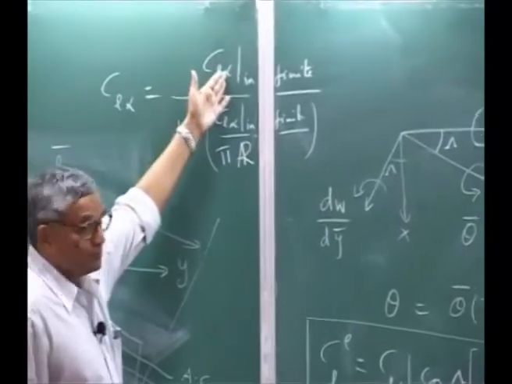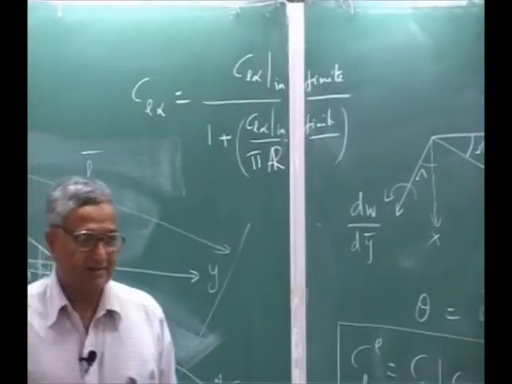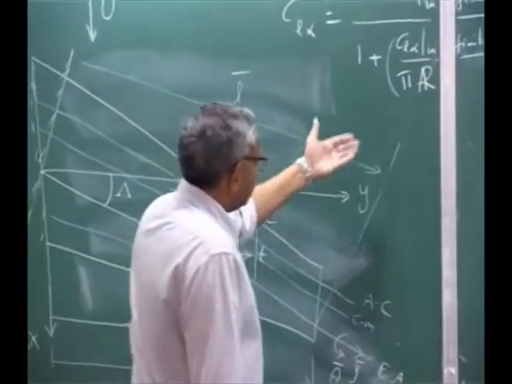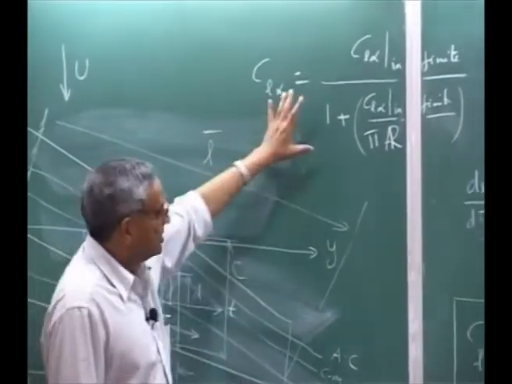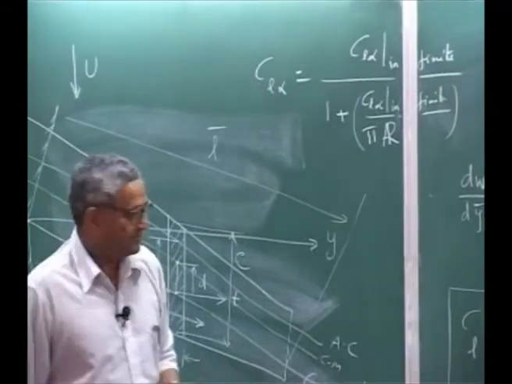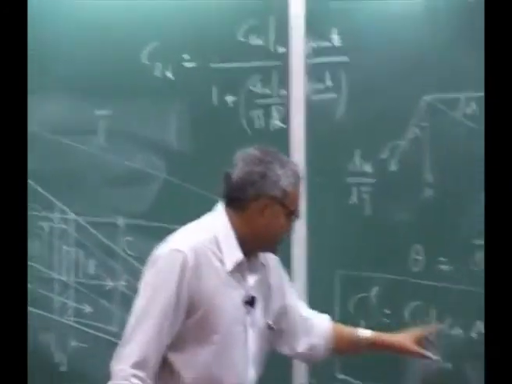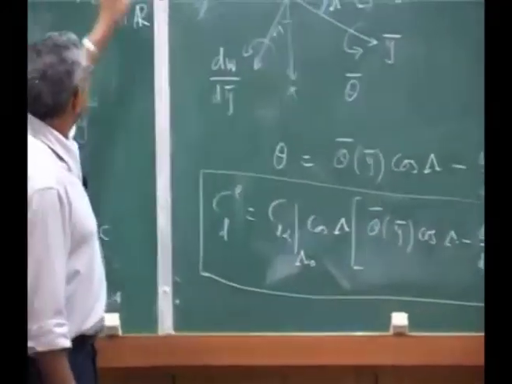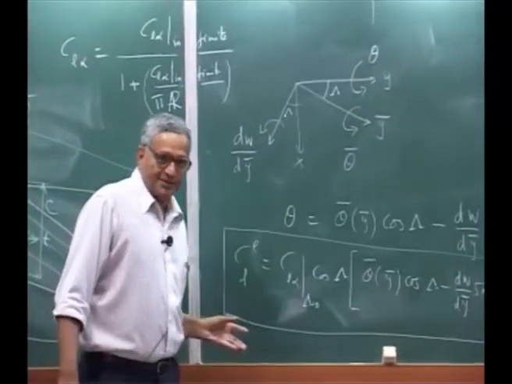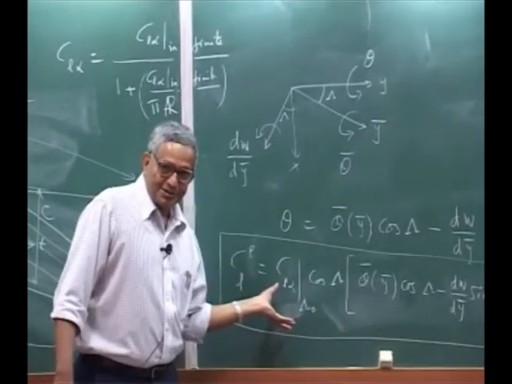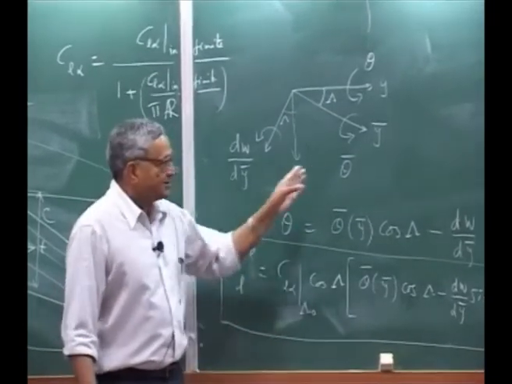It will be 2 pi, or sometimes you can take the 5.73 also. So this is only changing your correction. Wherever this comes, you replace this part. So the aspect ratio effect is also taken into consideration in solving this problem.